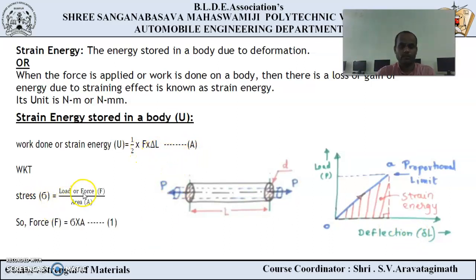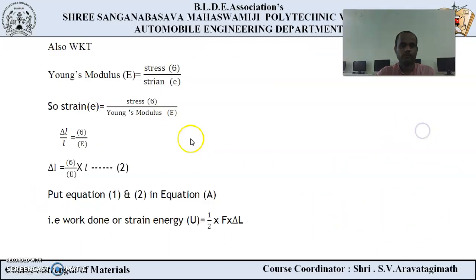I define stress equals force by area, so force becomes sigma into A. It is equation 1. Similarly, Young's modulus is stress by strain, so strain becomes sigma by E. We know the strain formula delta L by L equals sigma by E, so delta L becomes sigma by E into L. It is equation 2.